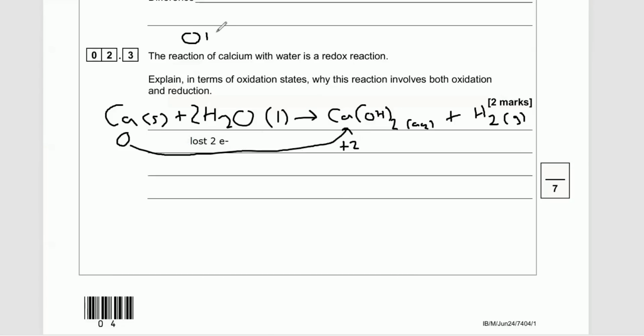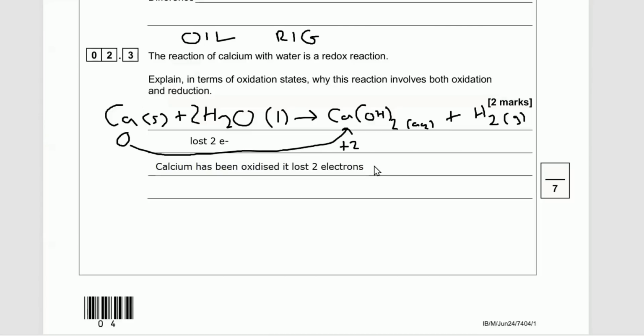Do you remember the little funky thing, OIL RIG? You probably learned that at GCSE as well. Oxidation is loss. So the calcium has been oxidized. Calcium has been oxidized. It lost 2 electrons. It got oxidized to calcium ions in the calcium hydroxide, and that's going to get us a mark.